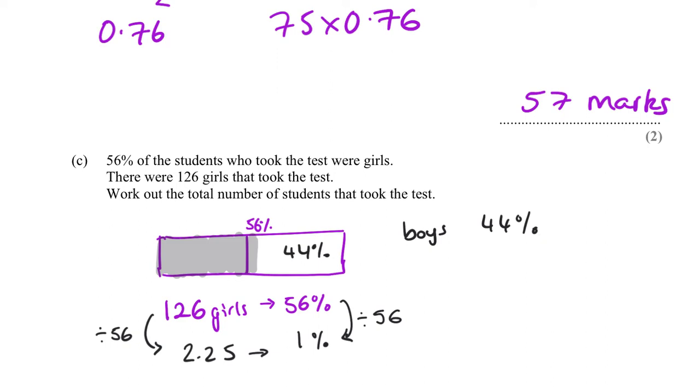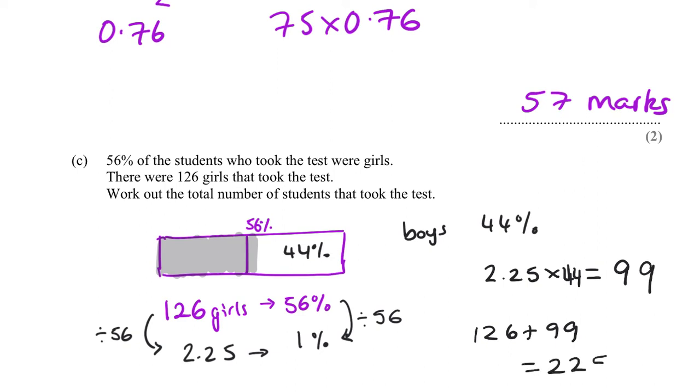So I need to multiply 2.25 by 44, to get how many boys? So there are 99 boys. So 126 is the amount of girls, plus 99 is the boys. Is 225 students in total.